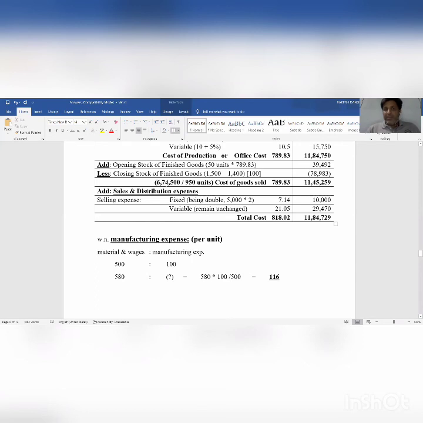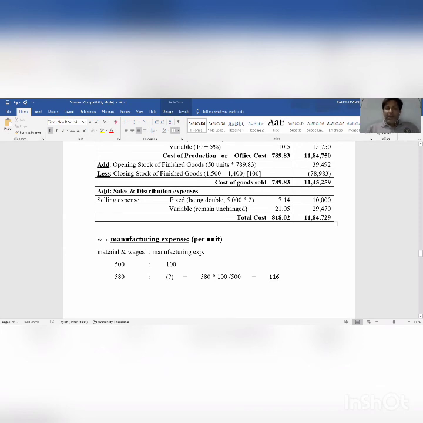There is 6,74,500. No, it is previous data. There is a production cost or cost of goods sold of 11,45,259.